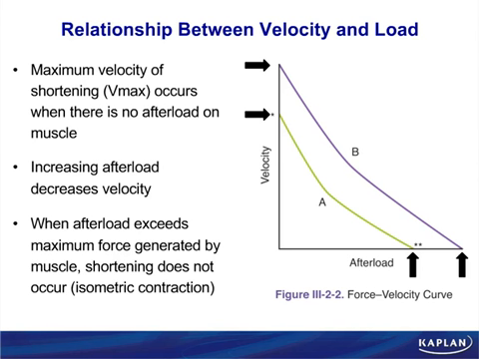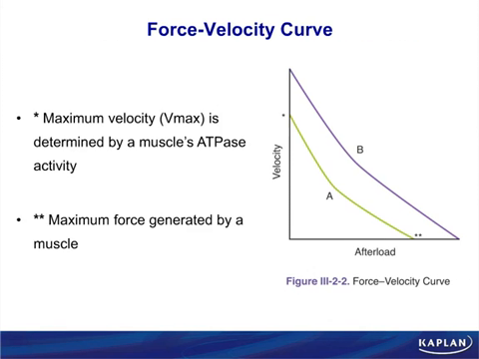So this represents an isometric contraction. So maximal isometric force, that's the x-intercept. And again, the y-intercept is maximum velocity of shortening, V max. This slide just illustrates, and that's why we have the asterisks there, again, the y-intercept is V max.